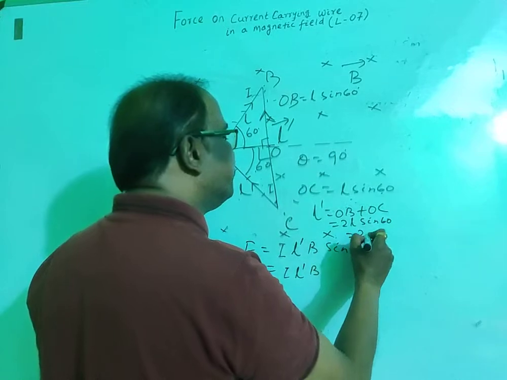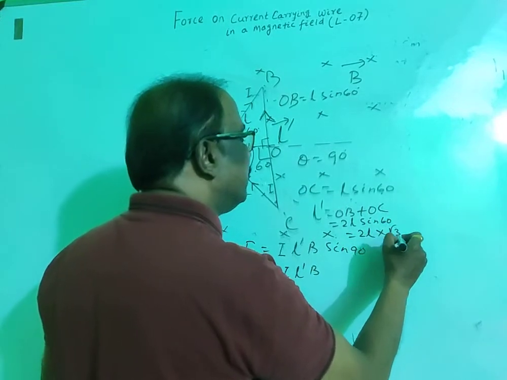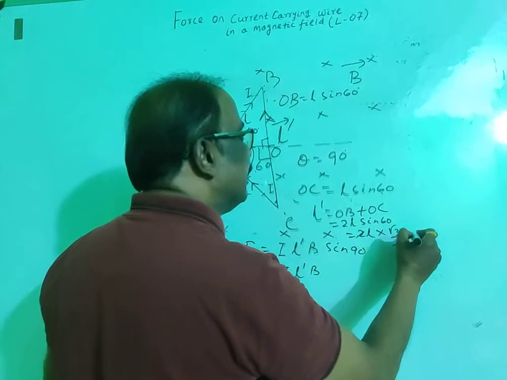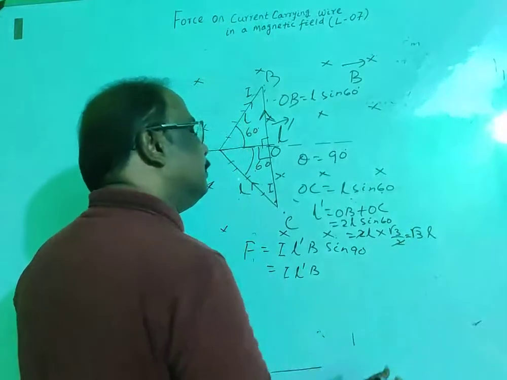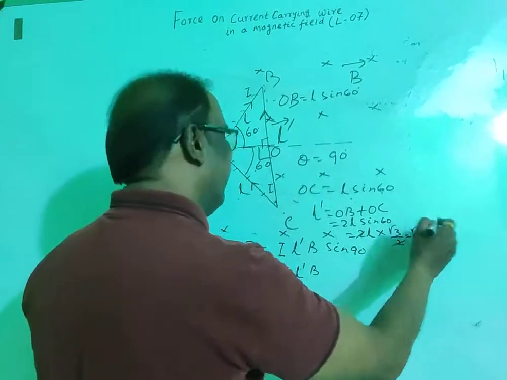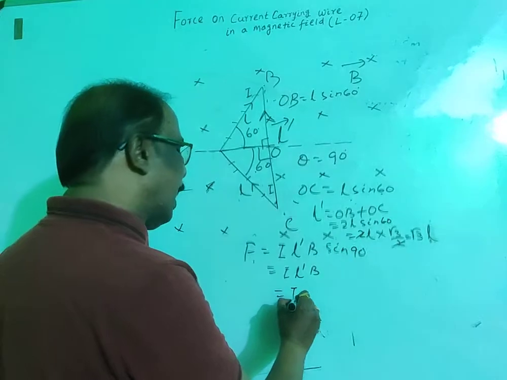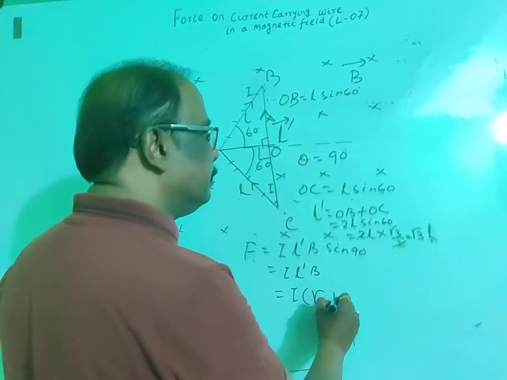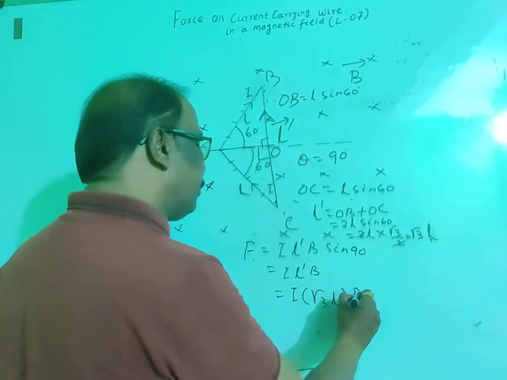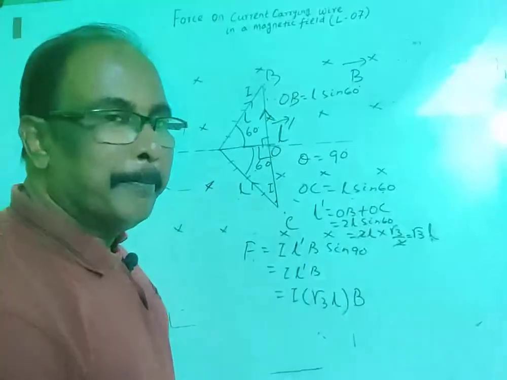This comes to 2L into root 3 by 2, the 2s cancel, and this equals root 3 L. Then force is equal to I into root 3 L into B. This is your answer.